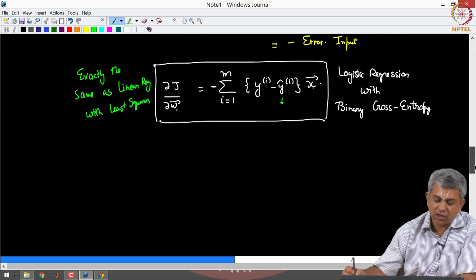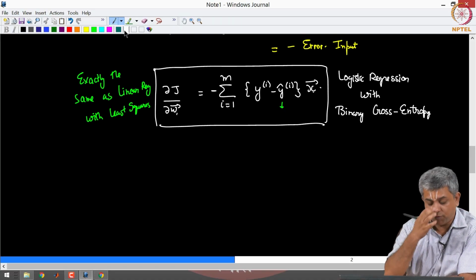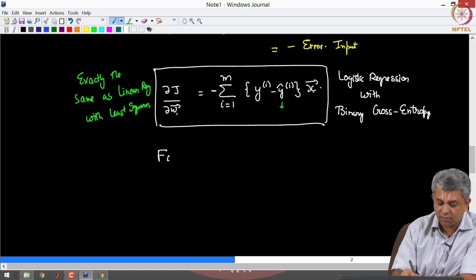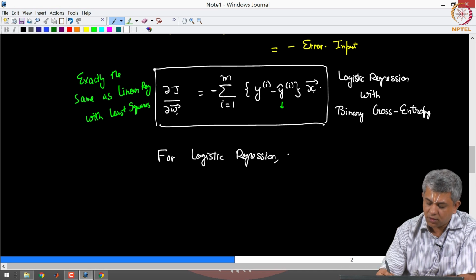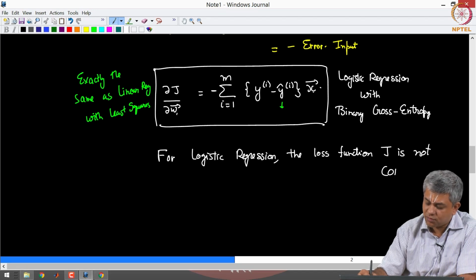The second noteworthy thing here, which is not obvious, is that for logistic regression, the loss function J is not convex.